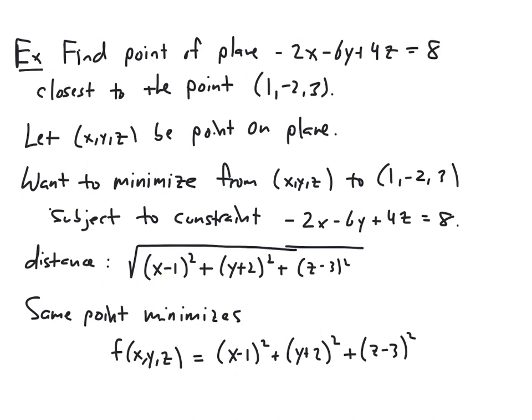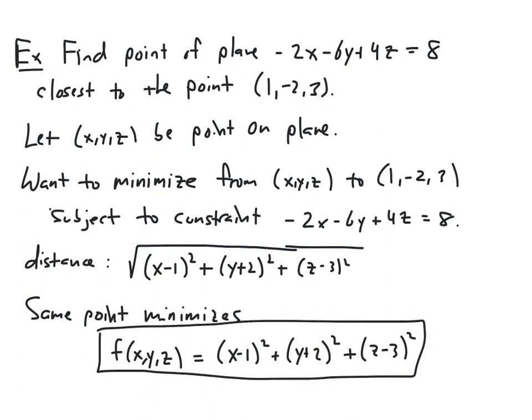Right? So because we know the distance is a positive number, we're only looking for that positive square root value. The point that minimizes the square root function will also minimize the radicand function, the thing inside the square root. And that's going to be much easier to compute. And so this is the function that we're actually going to use to minimize.